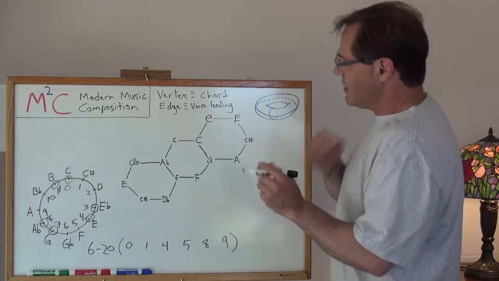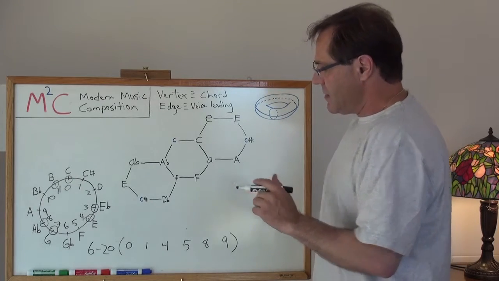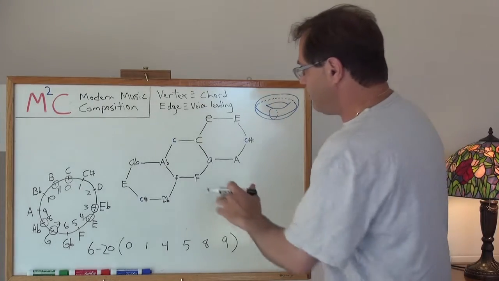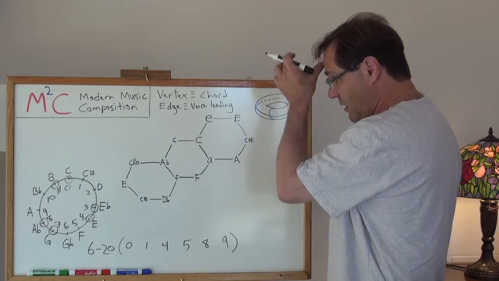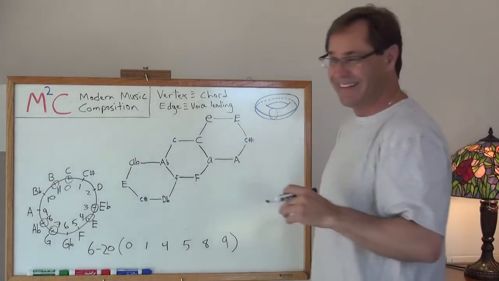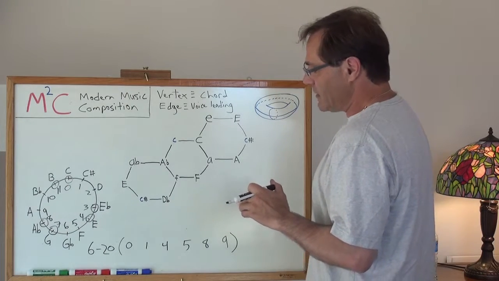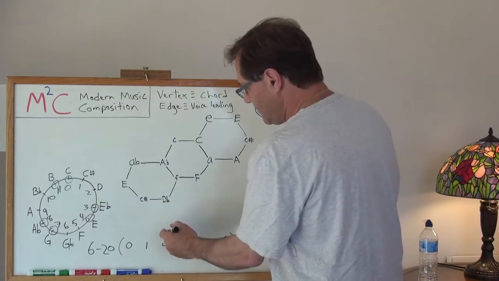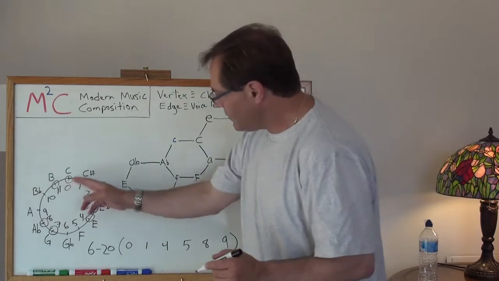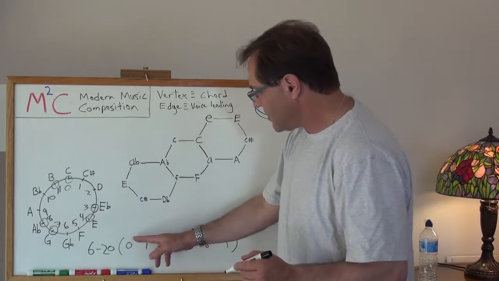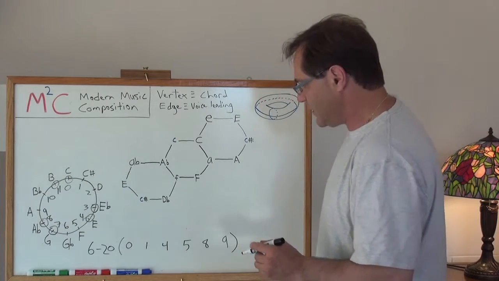Actually, let me do this. Because I've only got a subset of the tonnetz here, of this chicken wire representation of the tonnetz, I want to start with E flat, so I'm just going to take it up 3 semitones.